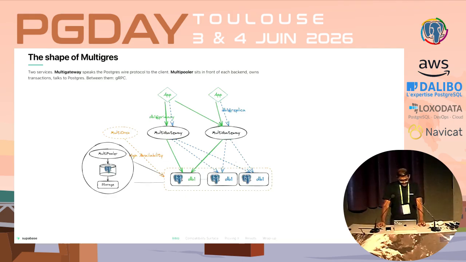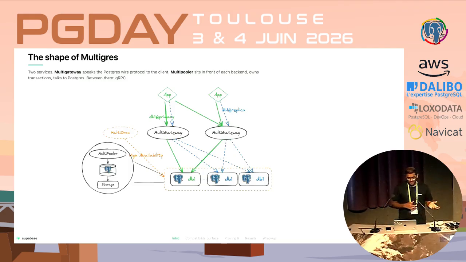And critically, between the gateway and the pooler, we do not speak Postgres, we use gRPC. This one decision is the source of some hard problems that we will see. Because every Postgres-specific thing, whether it is something simple like an error or a result row, or even asynchronous messages, now has to survive this translation going into gRPC and then coming out of it and reforming itself into a Postgres message.